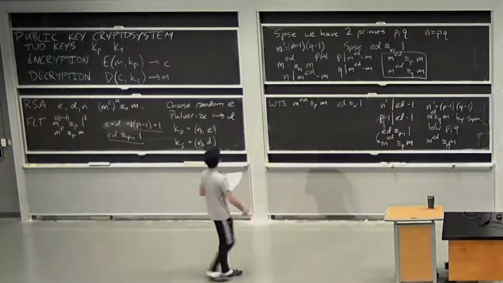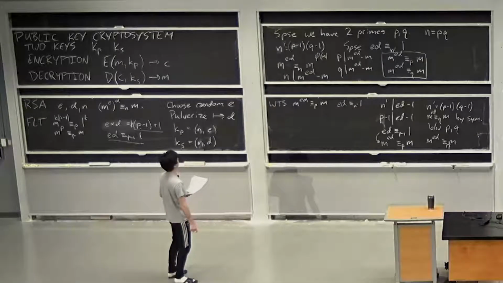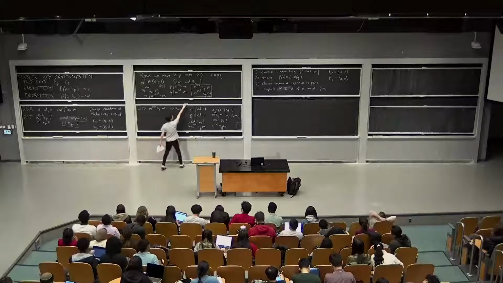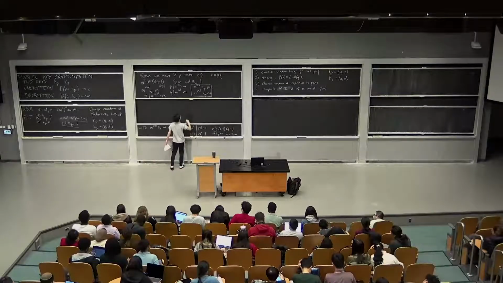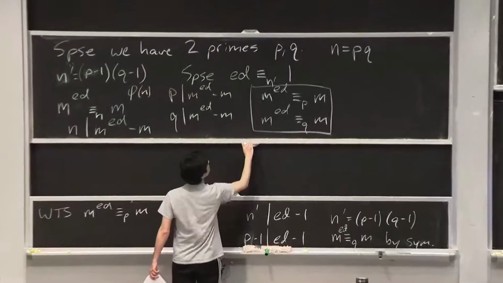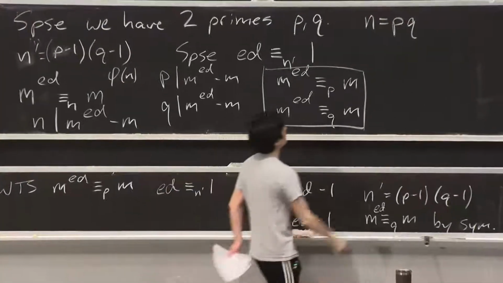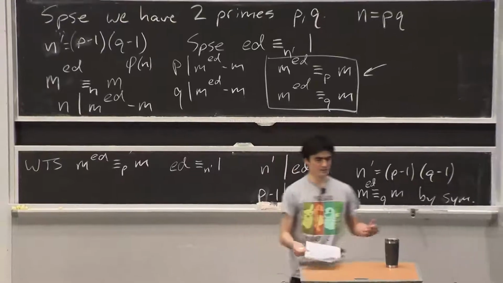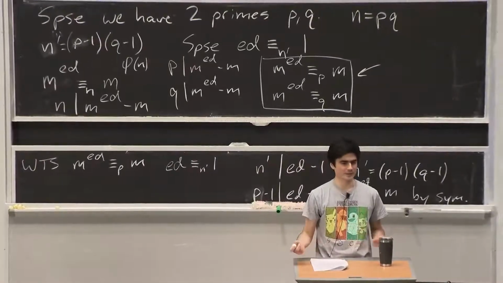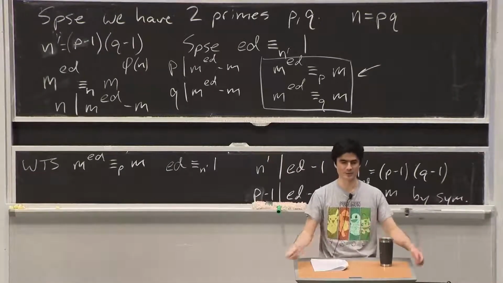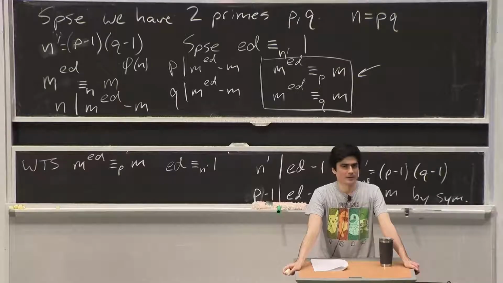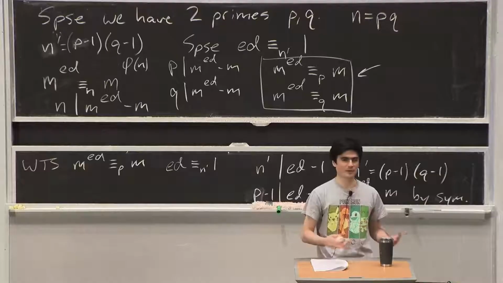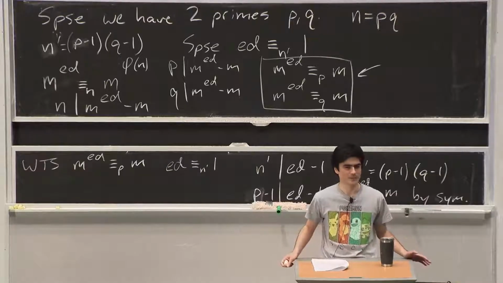Okay, here. So here, we're trying to work mod n, right? n is the product of two primes. And we said that it's easier, instead of working mod n, to work mod the two primes individually. Okay?